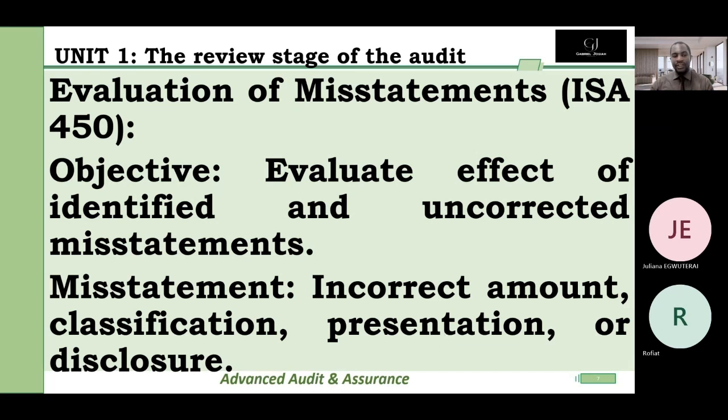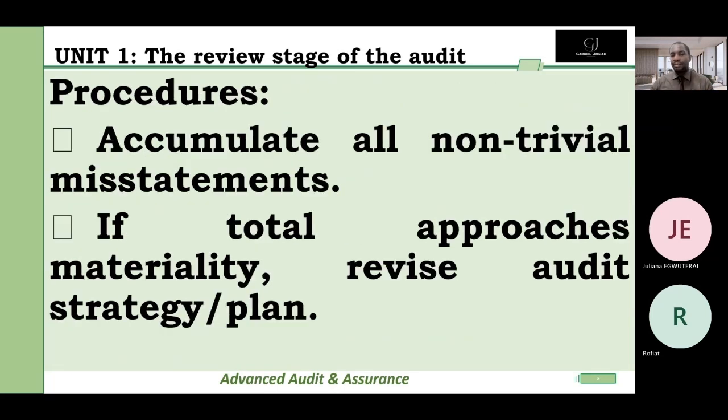So we need to take note of them and ensure that in the procedures, we accumulate all non-trivial misstatements, no matter how immaterial they are. We need to accumulate them, document them, and put them in proper context, calling management's attention to them. So for every procedure, whether trivial or non-trivial, material or immaterial, we need to accumulate and document any of these findings based on their materiality.